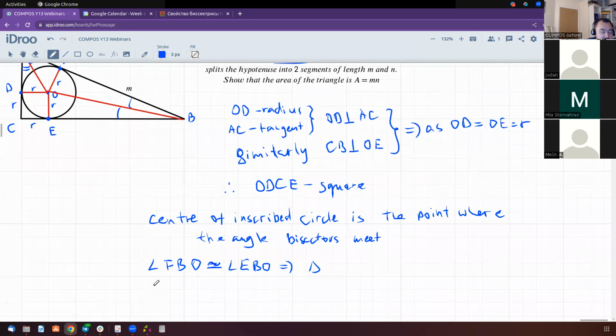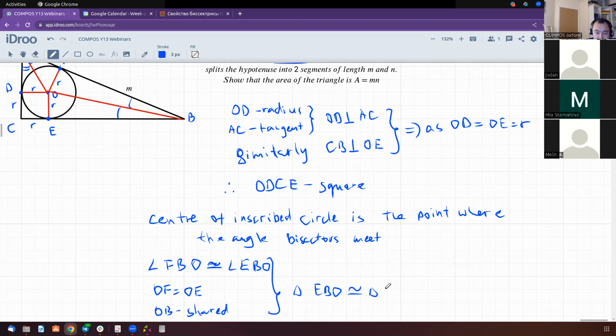Well, and because we have two sides, OF is equal to OE, and OB is a shared side. So from this, we can conclude that triangle EBO is congruent to triangle FBO.